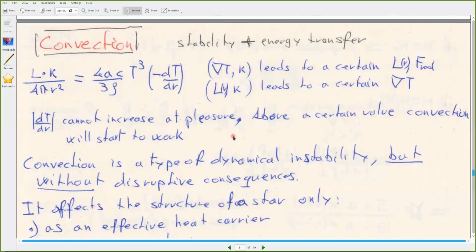This is because above a certain value, we know that convection will start. There will be some movement of blobs of mass, of gas, that will move due to the high temperature gradient.